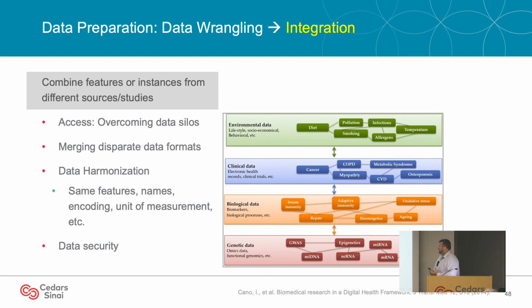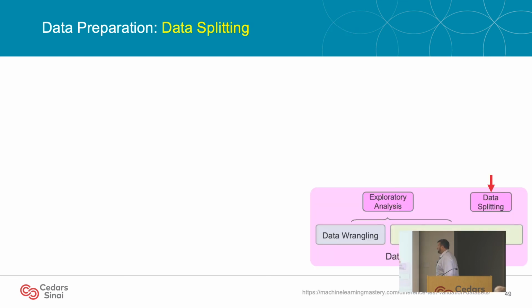I was involved in a project that was just about combining 30 data sets from clinical trials, and it took 2 years with a team of like 6 or 7 of us working on this project just to put the data sets together. It can be extraordinarily challenging. And then data security, right? Just in terms of integrating data, being careful not to leak the data or make it available to people who should not have access to it.